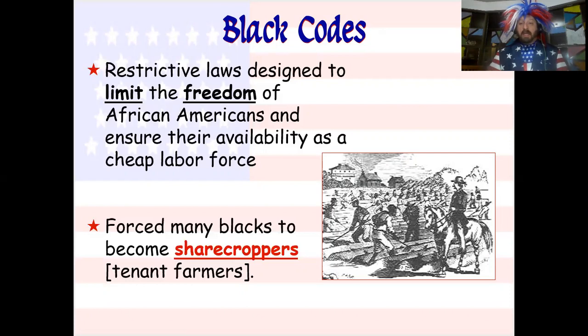Because what you had is you had all these plantations, and the former slaves would rent their little plot of land. They would rent the tools and rent everything that they needed from the plantation owners.